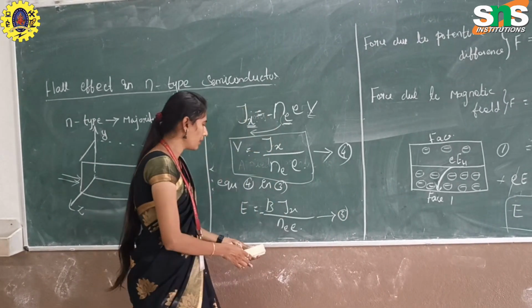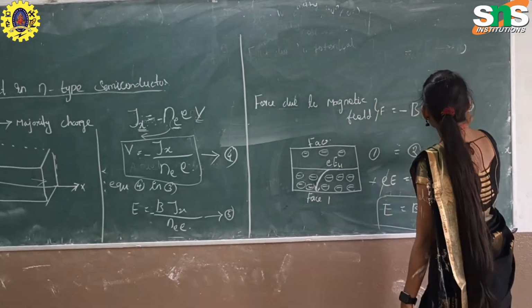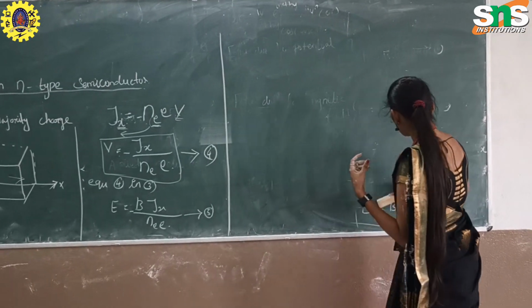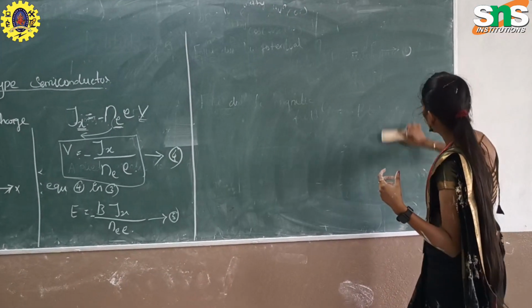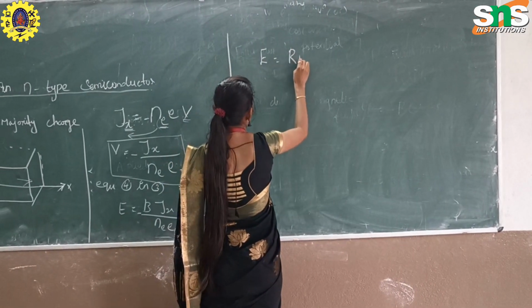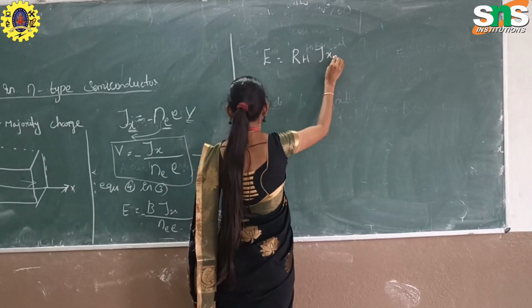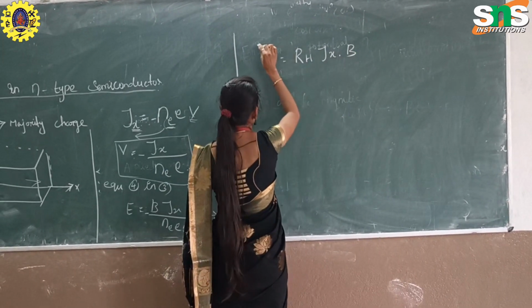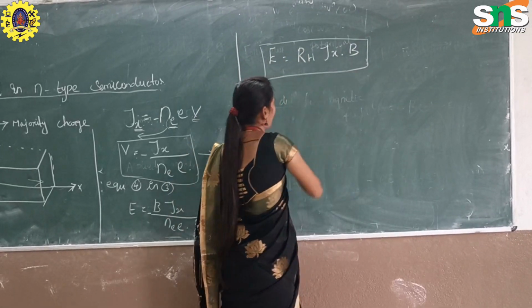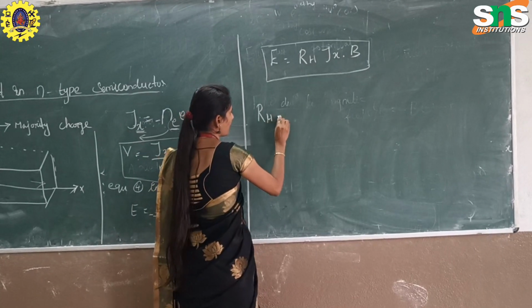And then next we find the value of the Hall coefficient. So E is equal to RH into Jx into B. This is the value for E. In this case, RH is denoted by the Hall coefficient.